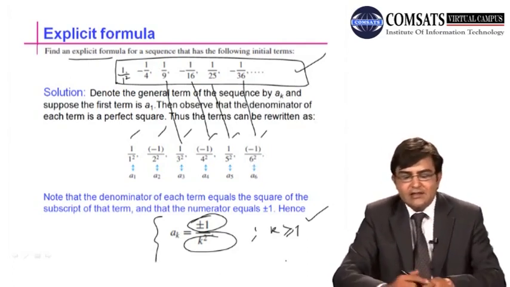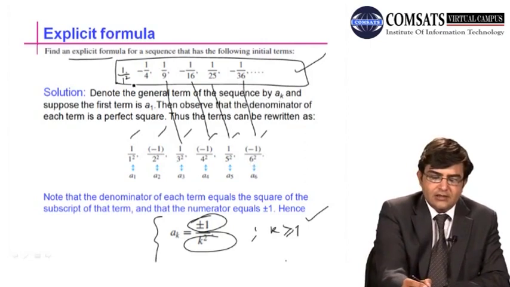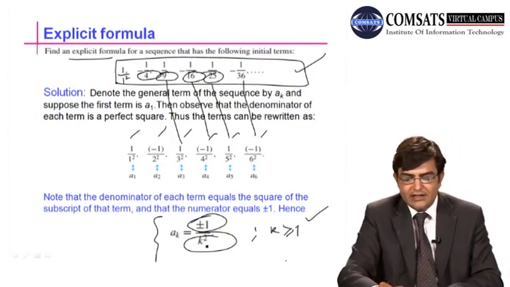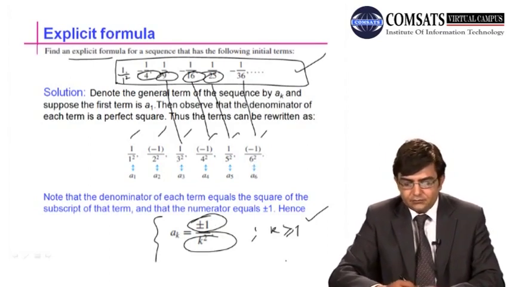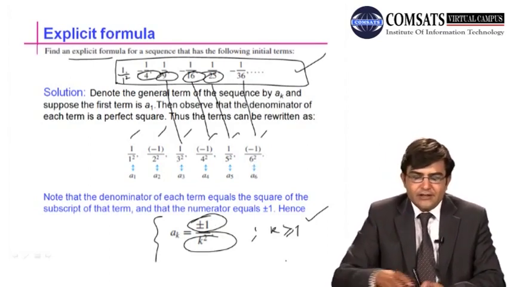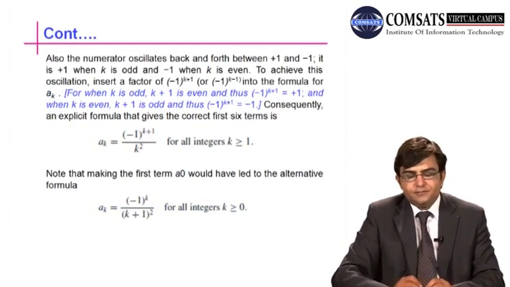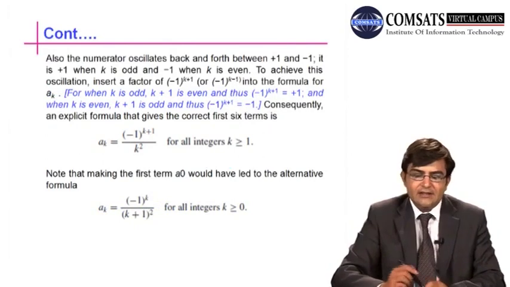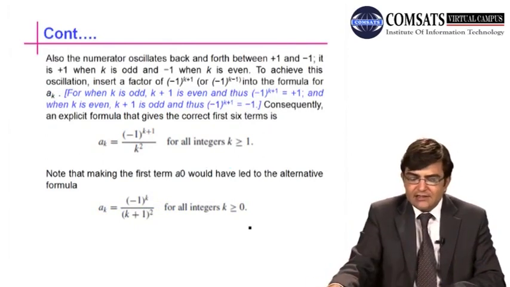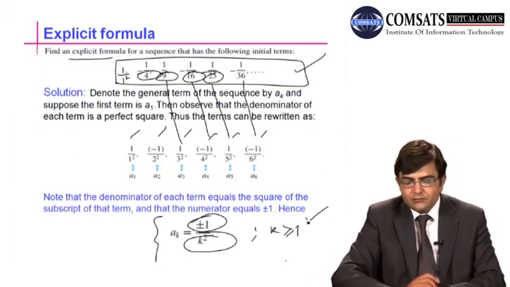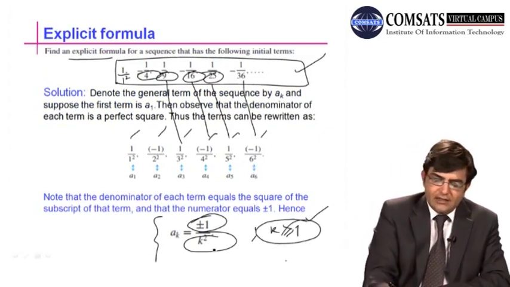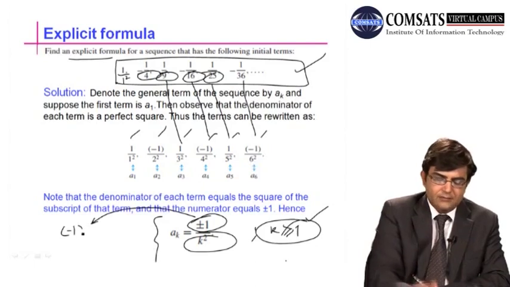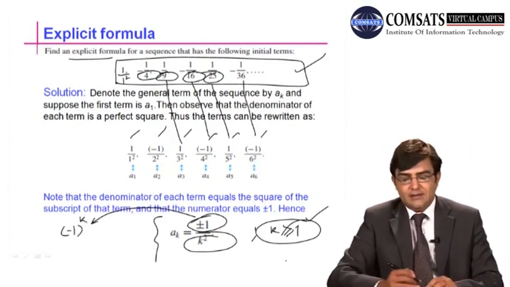In the denominator we have written k square, but in the numerator what comes? In the numerator we can see that we have plus 1, minus 1, plus 1, minus 1 and so on, and the sequence is starting from 1. So if we write in the numerator minus 1 power k, what happens?